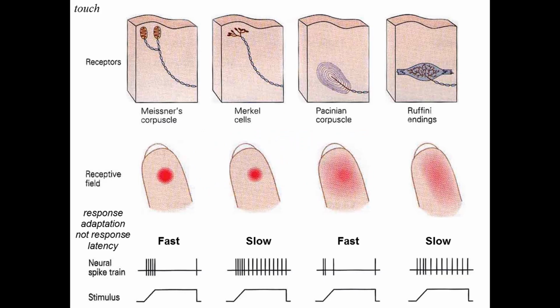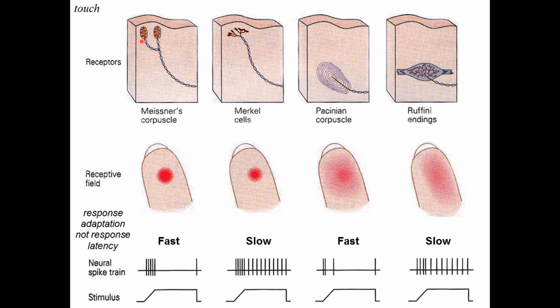Now, I kind of like this slide because it shows the different types of receptors that we talked about earlier in the lecture. Meissner's, Merkel's, which are sort of free nerve endings, there's Pacinian corpuscles, and you can see the capsules here. I think that's kind of cool. These are more differentiated than the Merkel's, which are just a general free nerve ending.